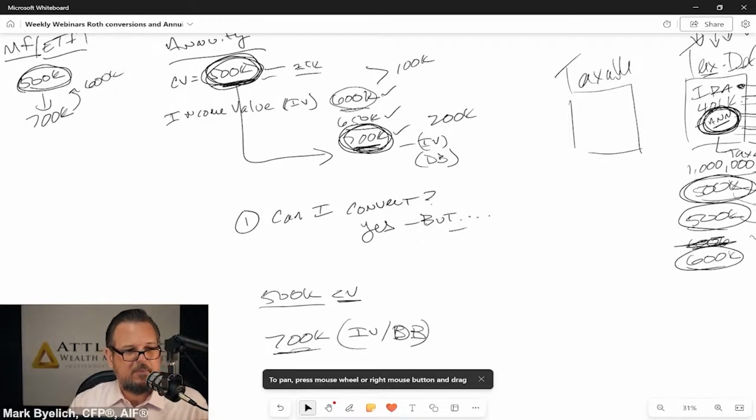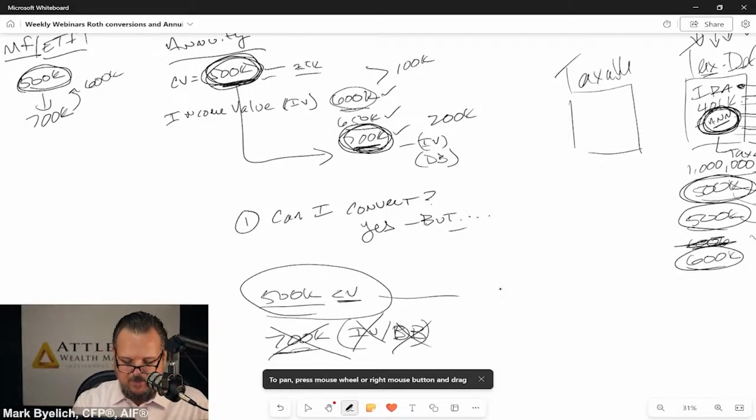The annuity company might say, yeah, you can convert it, but now this $700,000 income value and death benefit goes away completely, and what you have left is the $500,000, and we're happy to put that in a Roth IRA for you.